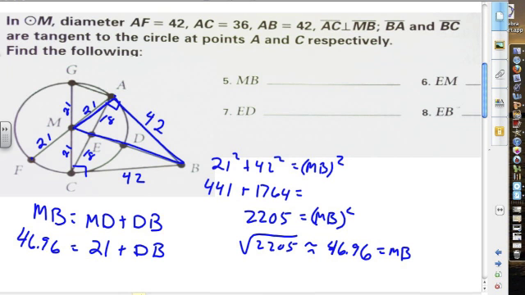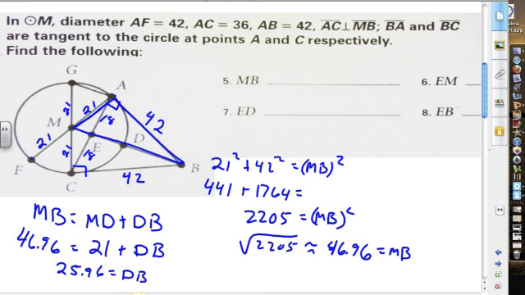Ooh, probably. dB has to be 46.96 minus 21, or around 25.96 would be dB.